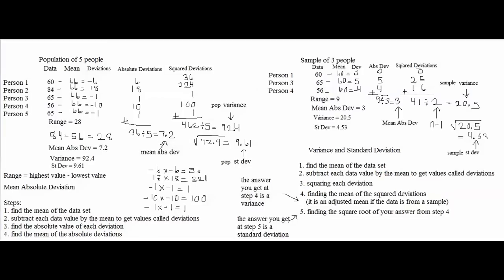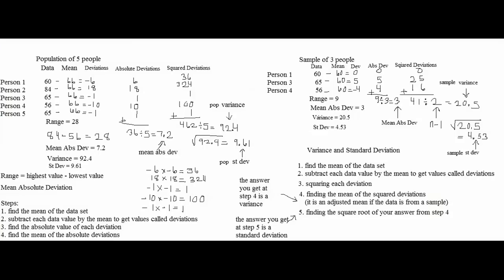The advantage of the mean absolute deviation and the standard deviation is that they give you an idea of how far the data values are from the mean. Let's talk about what I mean by that. Each of the absolute deviations is just the distance between a certain data value and the mean.